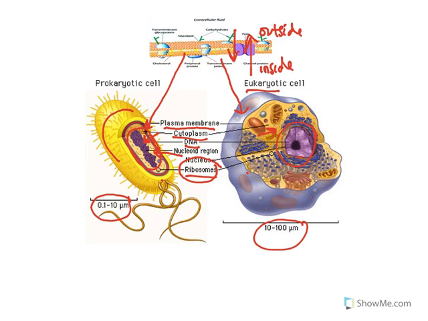Let's see what else. The biggest thing that you should notice is missing from the prokaryotic cell are membrane-bound organelles. So even though there are organelles in a prokaryotic cell, there are no membrane-bound organelles.